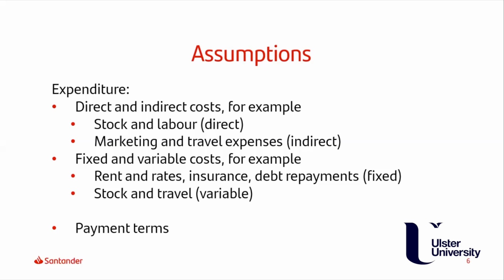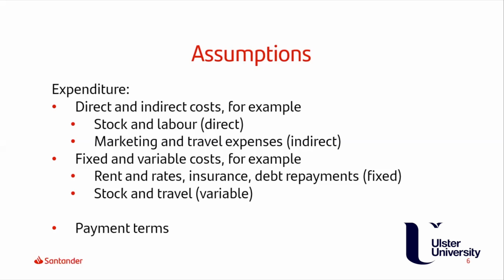And I'm always very suspicious when I see somebody's cash flow when some of the costs that I would expect to be variable are fixed. The same marketing cost month on month, or the same travel cost month on month, despite the fact that sales might be fluctuating. So think about the relationship that your costs have to your sales.